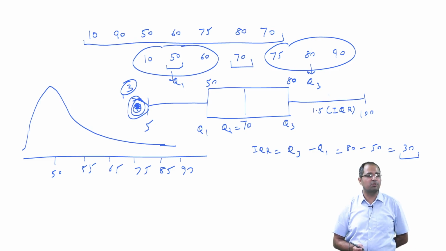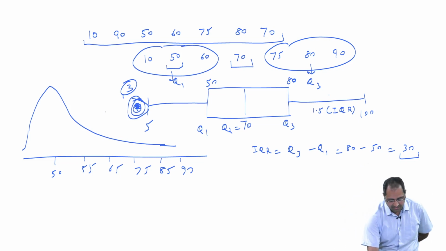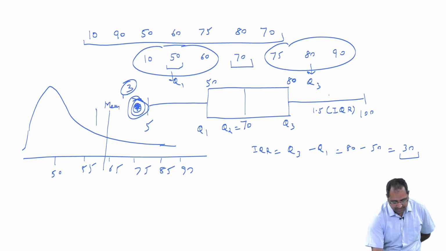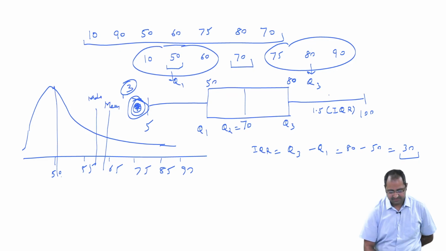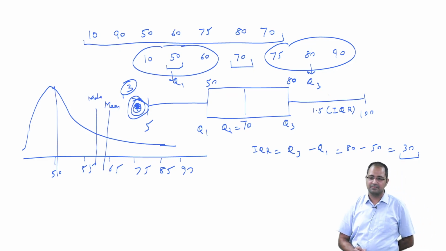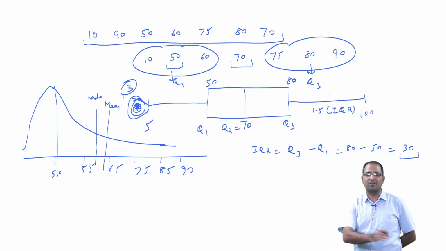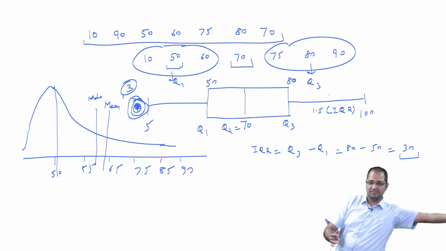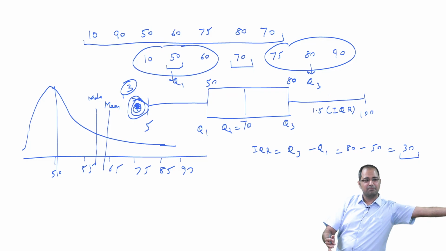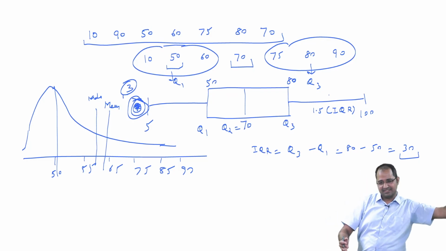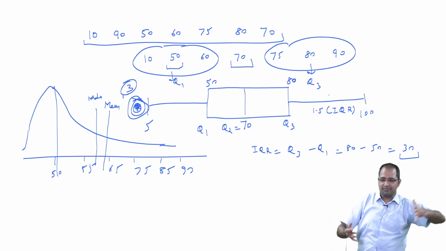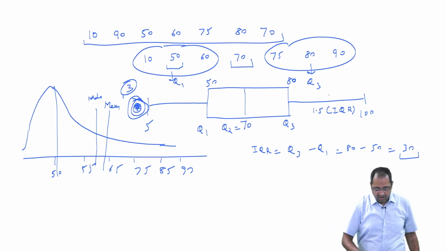In positively skewed, the mean will be in the front, the median in the center always, and the mode is here. Whereas in negatively skewed, again the mean will be right in front, then median and then mode.